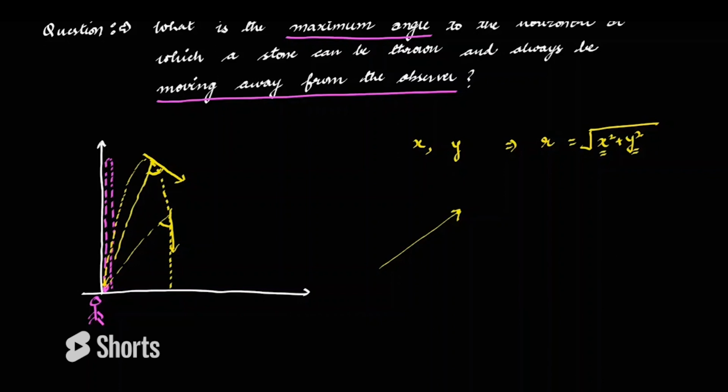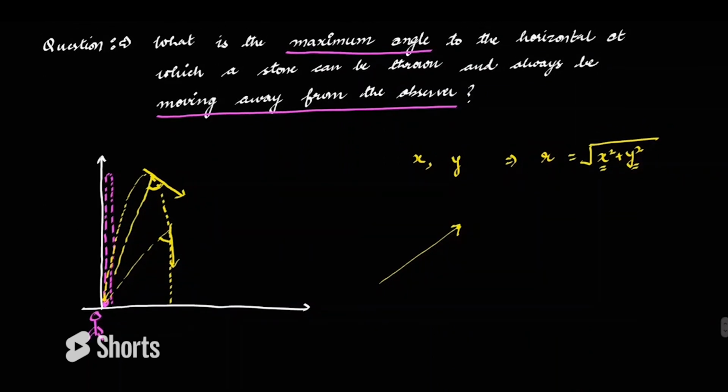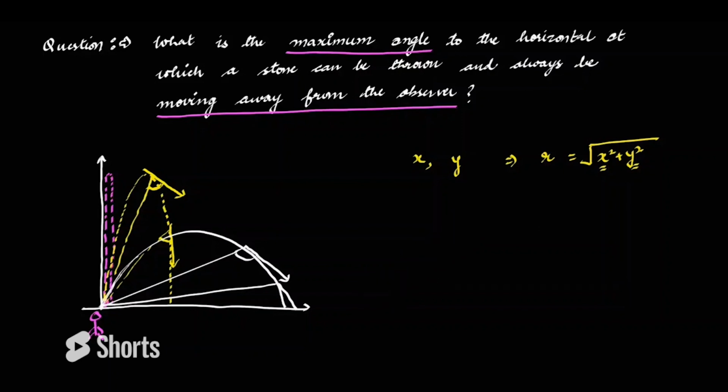And clearly if it is increasing, let me draw another case, and let me draw a case like this. Here in this case, you clearly see, if this is the position vector, the velocity vector is making an angle which is obtuse. Okay, and obviously here it is making an obtuse angle, and you can see the distance is increasing away, and it is away from you. So now if I use this concept, the problem will become very, very easy.